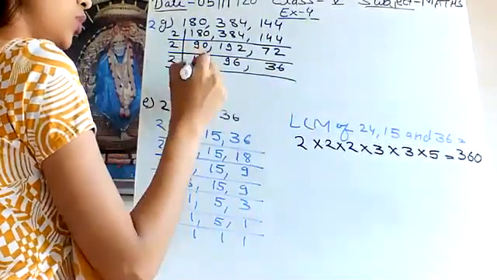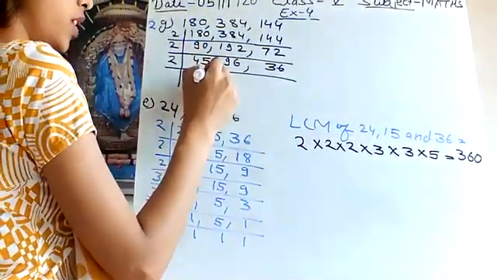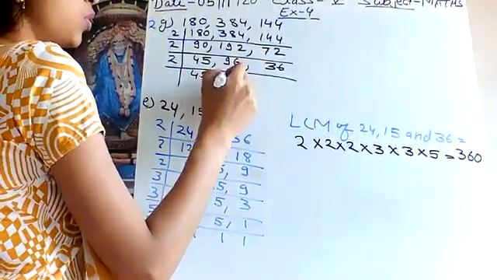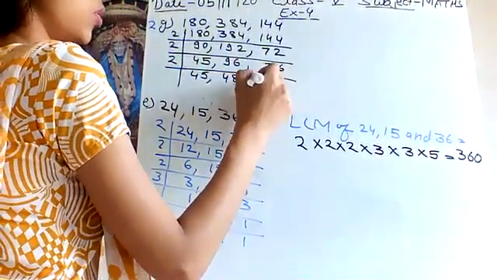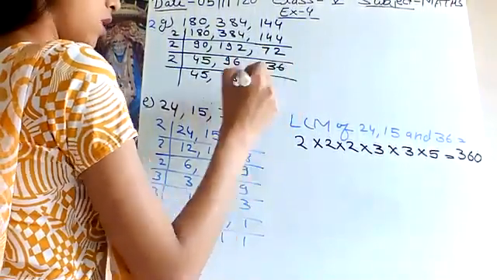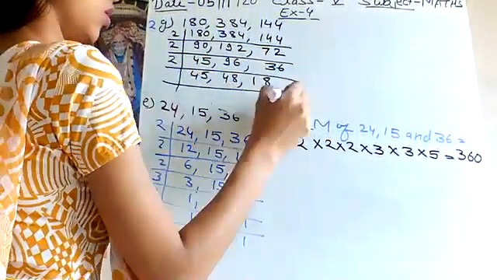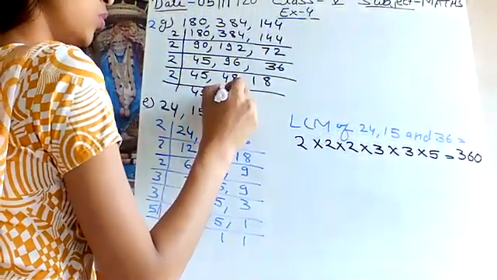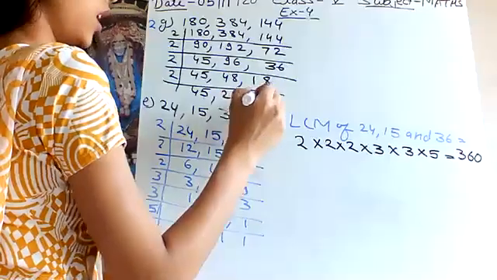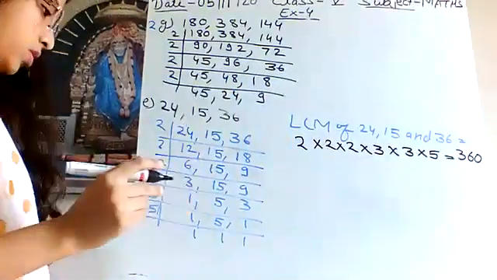Again we will divide by 2. 45 is not divisible, so we will write 45 as it is. 2 4s are 8 and 2 8s are 16. Again 45 is not divisible. 2 2s are 4, 2 4s are 8, 2 9s are 18.